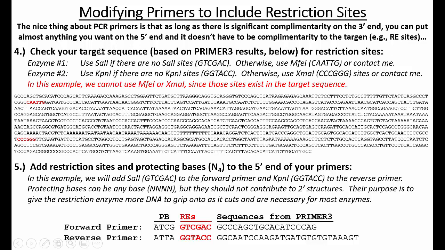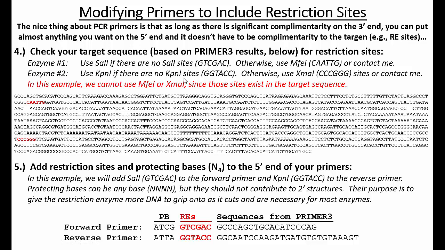So we want to check that promoter sequence, the target sequence, for these restriction enzyme sites. And sure enough, we find that this putative promoter has an MfeI site and an XmaI site. So we could not use either of those enzymes for this target sequence. That leaves us with SalI. We use SalI and KpnI for our cloning.